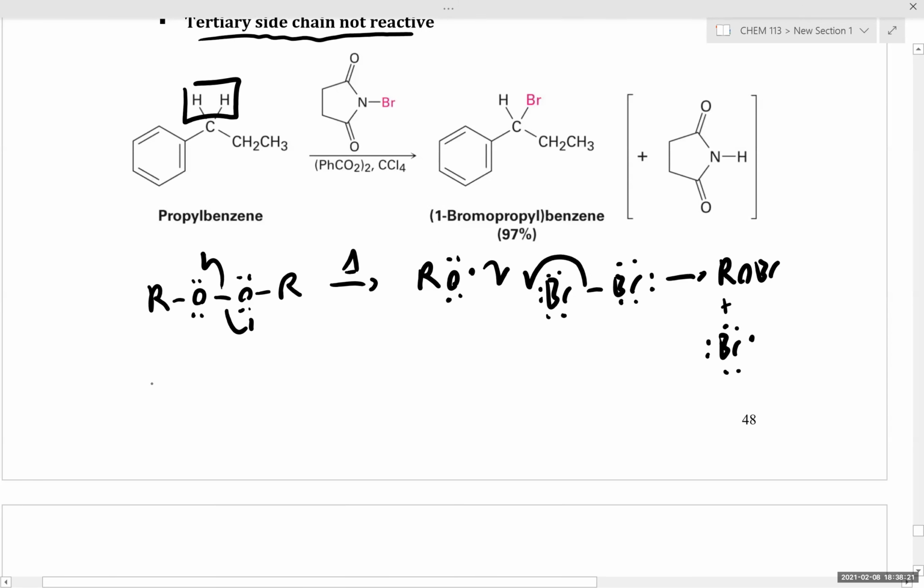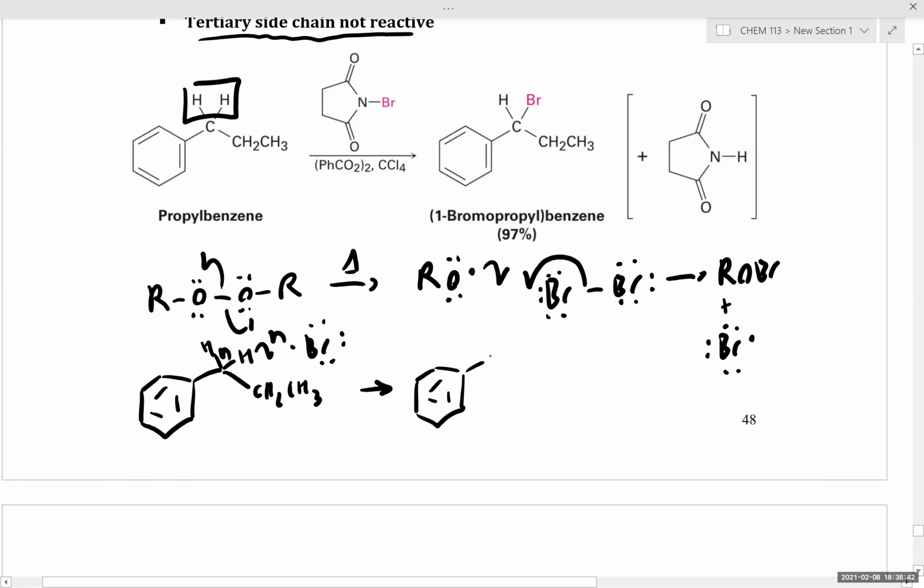Now, this is particularly important because that radical can then go on and abstract a hydrogen that in turn generates our resonance stabilized benzylic radical, which is especially stable.